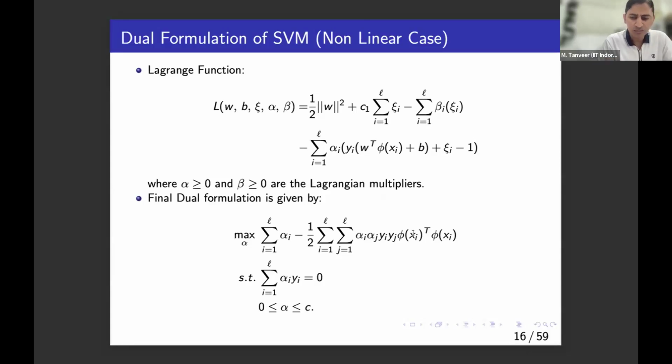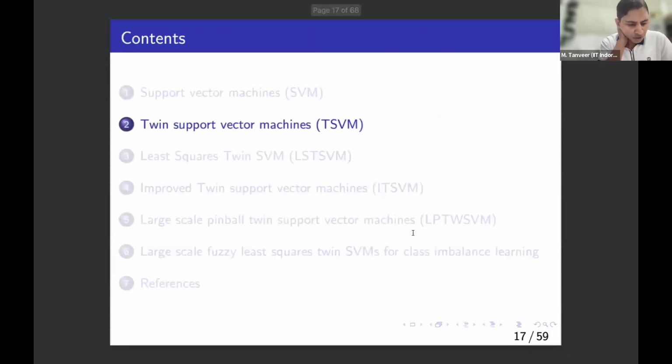In this approach, data points of each class are proximal to one of the two non-parallel planes, and the non-parallel planes are eigenvectors corresponding to the smallest eigenvalues of two related generalized eigenvalue problems.